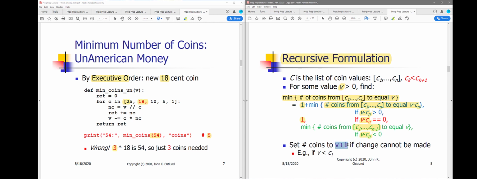Now, in our table that implements the number of coins that we need for each possible value, we're going to store the value v plus 1 as the initial value in each slot, since that represents a number of coins that's got to be higher than the total number of coins that you actually need.